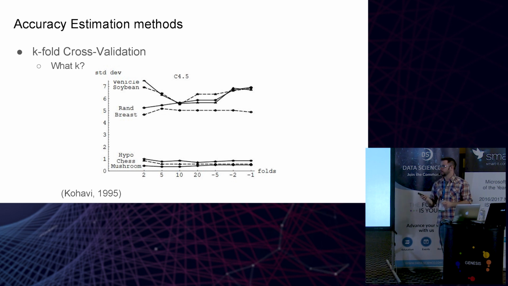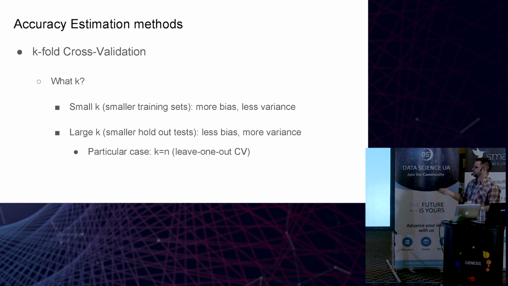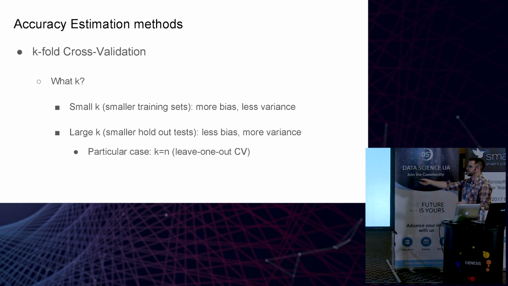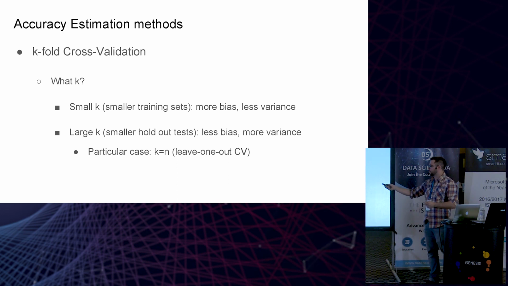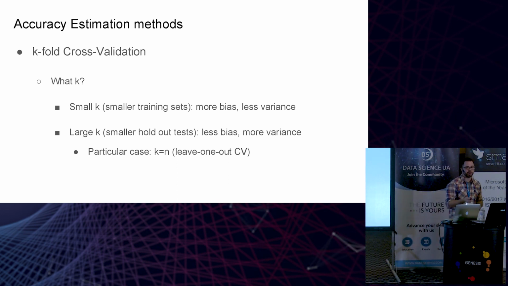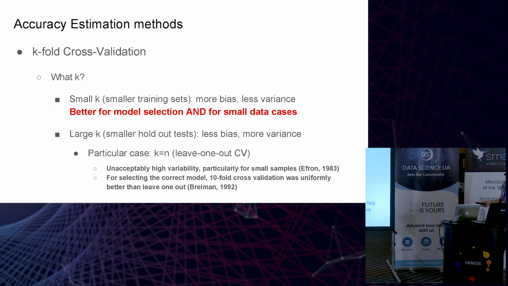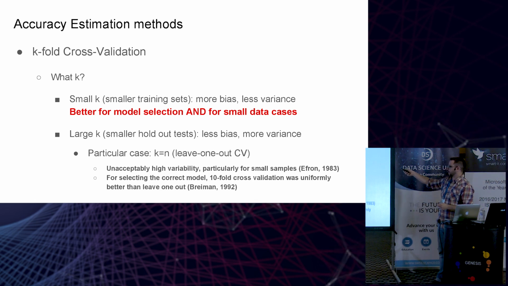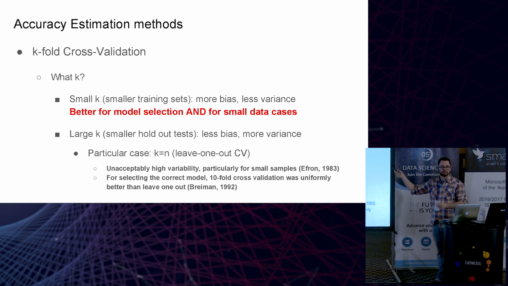Okay, so a small k means more bias but less variance. And for a large k, being the extreme case of leave one out cross-validation, you have less bias but more variance. Okay? Since we're doing model selection and we're working with small data, we should prefer a small k.